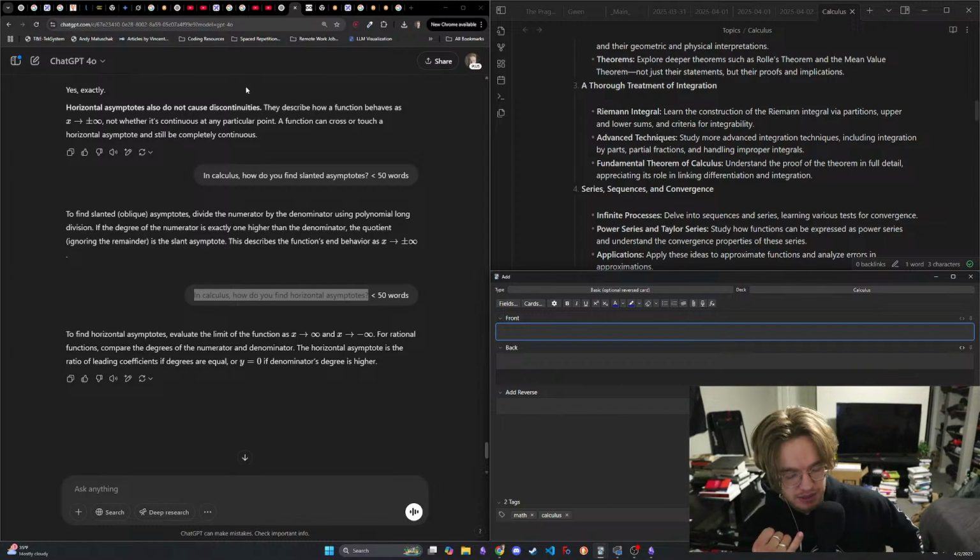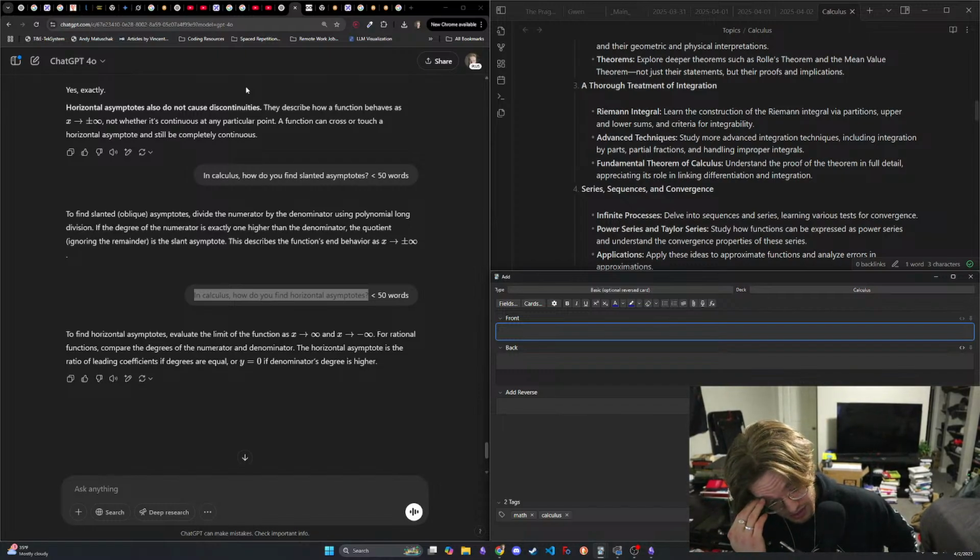And then for the slanted ones, as x reaches infinity, y would also reach infinity. It might go faster or slower, but it'll reach infinity. But it will approach a particular slope.